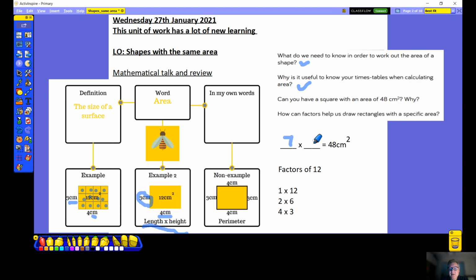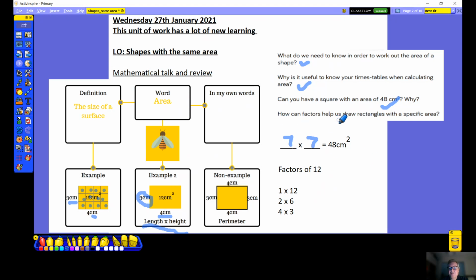Seven sevens are 48. Is that right? Have I got that right? If I have, then that would be fine, because it'd be a 7 by 7 square. Okay.